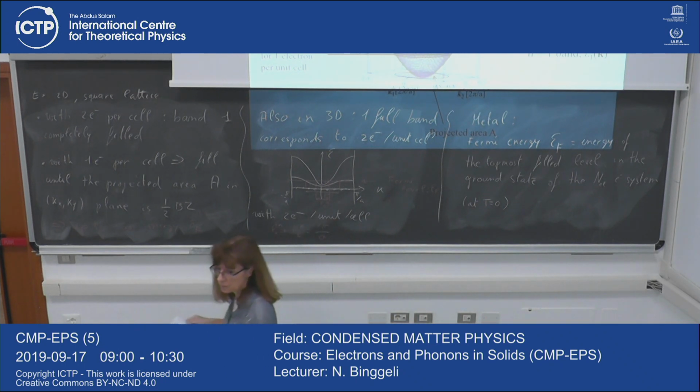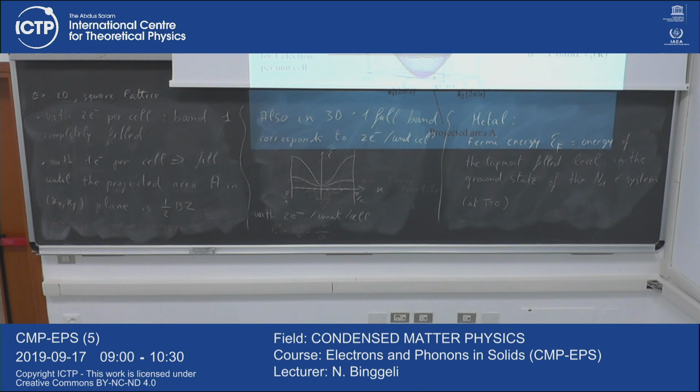There, the conditions remain the same. That is, the volume in K space that corresponds to the occupied states, if one has one electron per unit cell, must be 1/2 of the volume of the Brillouin zone.